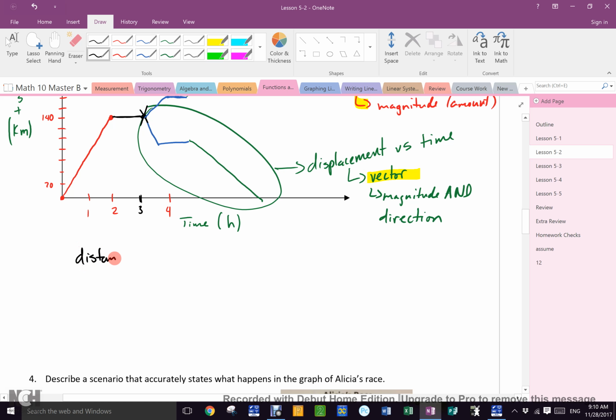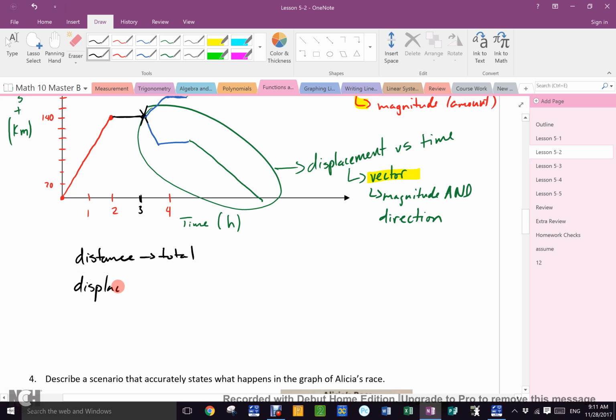So what we get is this. Distance is a total. Just how far you traveled. Your car measures that. When somebody asks what's the mileage on your car, they want to know how far your car has traveled. Doesn't care about what direction, just how far it's traveled. That's distance.